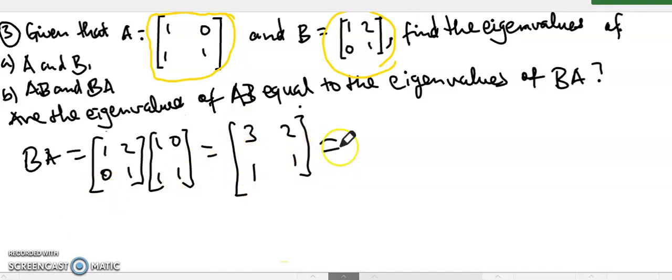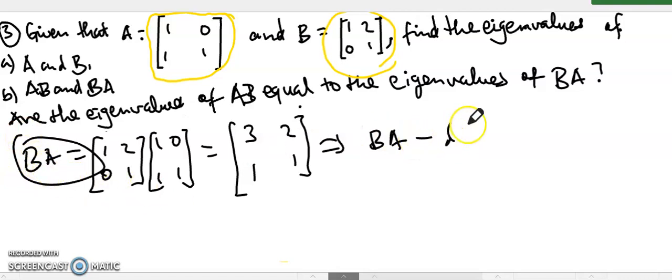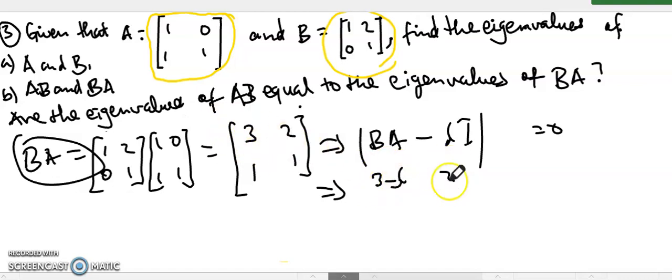So now we can solve for BA. BA minus lambda I will be equal to 0. This means that we have a matrix: 3 minus lambda, 2, 1, then 1 minus lambda, and this also must be equal to 0.